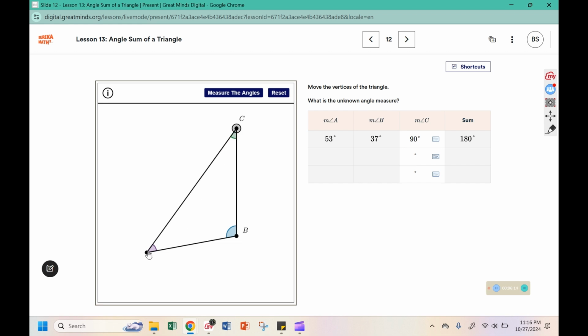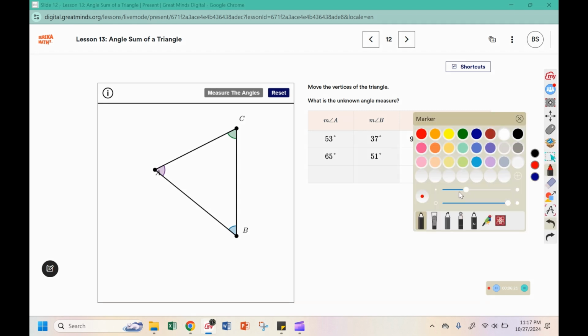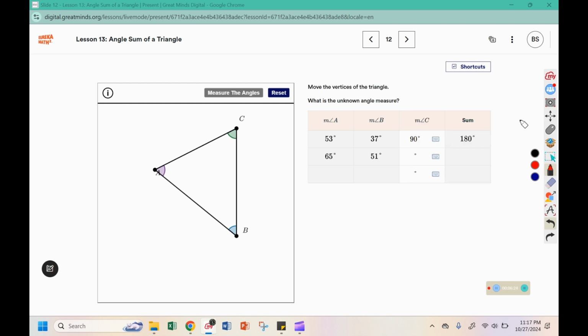Let's try some different angles. I have a 65 and a 51. If I add 65 and 51 together, that gives me 116. 180 minus 116 will tell us what that missing angle C is. 10 minus 6 is 4. 7 minus 1 is 6. 1 minus 1 is 0.